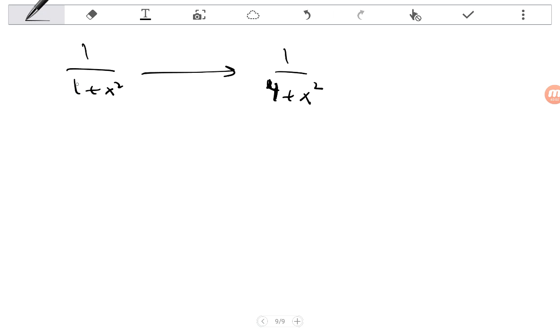This function is what if I take here a common factor 4 to be x1? I just want to make the same expression like this.